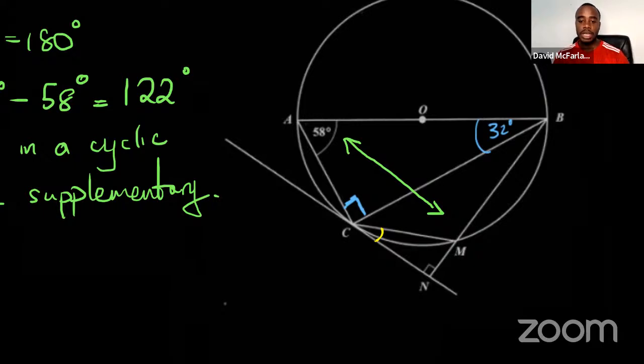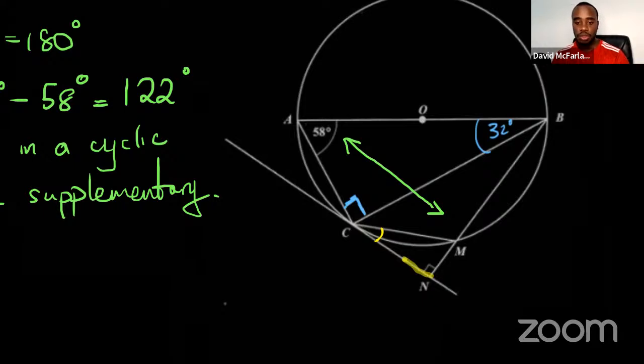So what would NCM be equal to? Now, let's think about it. I see your answer. I'm going to adjust it a little. Where is NCM? See NCM here? NCM is this. And do we know anything?